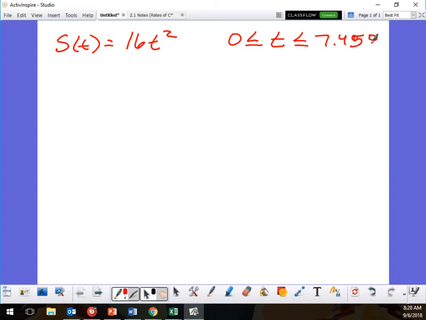Now I have 2 points here. I have my starting point. What is the x value of my starting point?